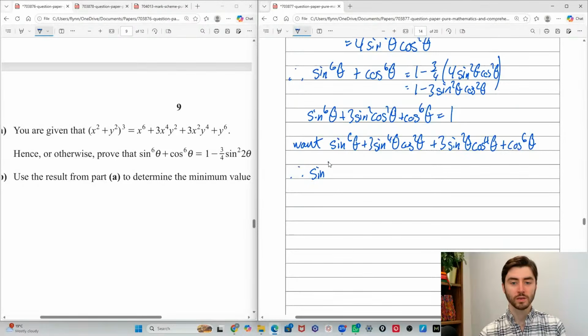I'm going to take this guy in the middle, sorry, there was meant to be a theta there, and multiply him by 1. The reason I'm multiplying by 1 is because I can replace that 1 with sine squared plus cos squared.